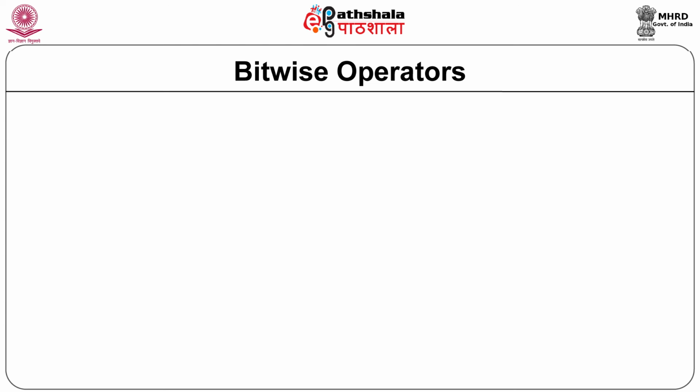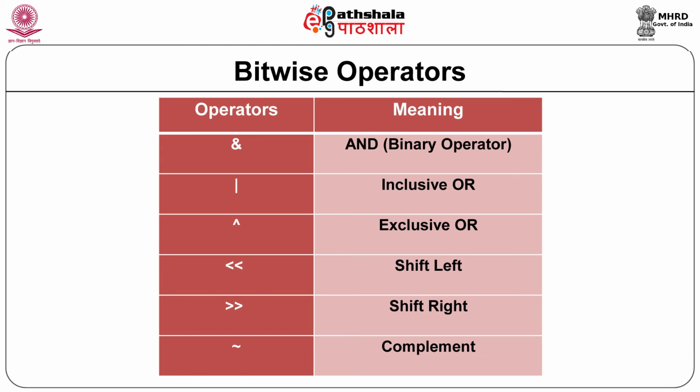After this one needs bitwise operators. There are 6 different types of bitwise operators: AND, inclusive OR, exclusive OR, shift left, shift right, complement.